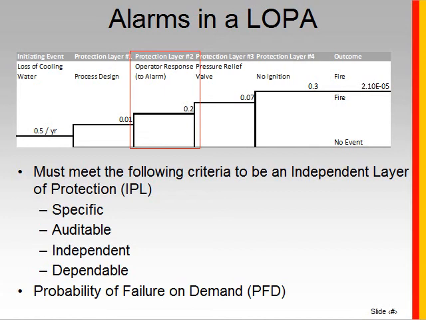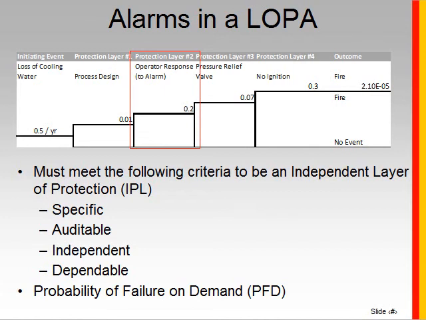It also needs to be independent from the other protection layers as well as the initiating event. And if you think about Buncefield and the tank level gauge failing, that transmitter failing, if that was the initiating event to cause the tank overflow, then the idea that we would get an alarm from that violates this independence. So that is something else that needs to be factored into layer of protection analysis.